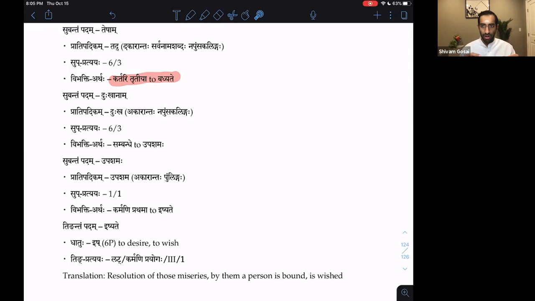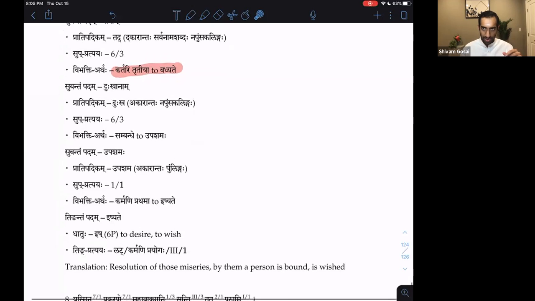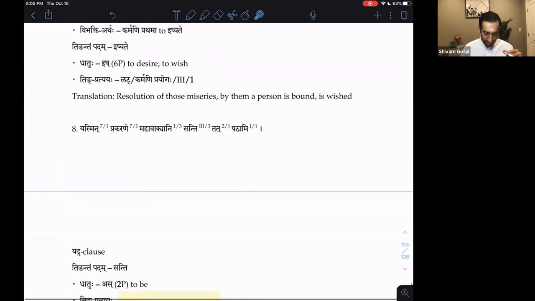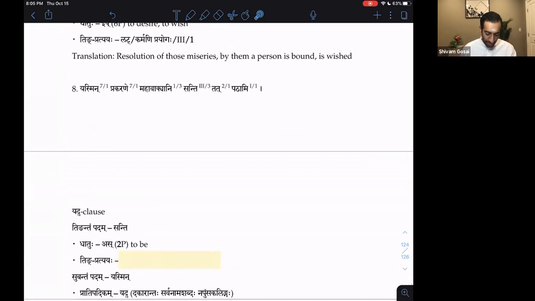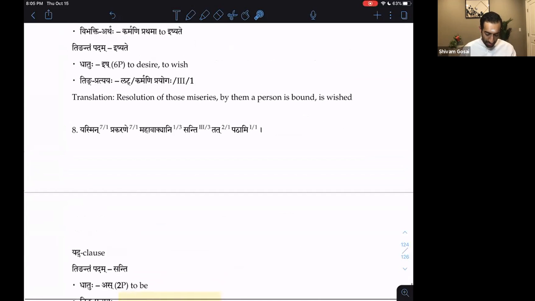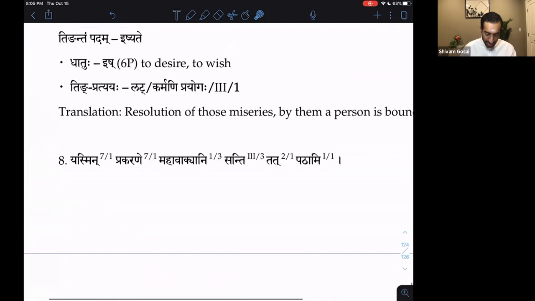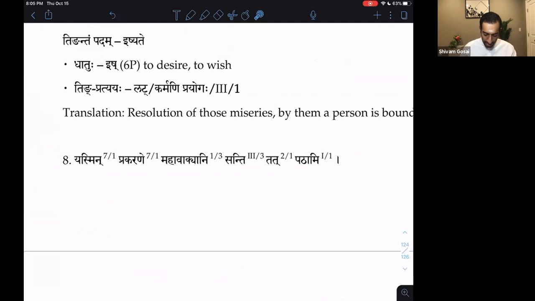Any questions so far, other than the ones in the chat? Okay, so our time is up. That went much faster than I wanted it to. Just quickly, this last one, number 8, we won't look at all of it in detail. Tat pathami. Pathami, I study, or I read, I study that.